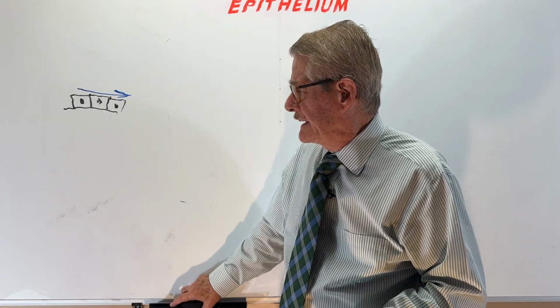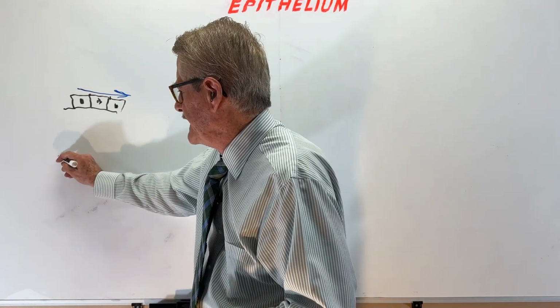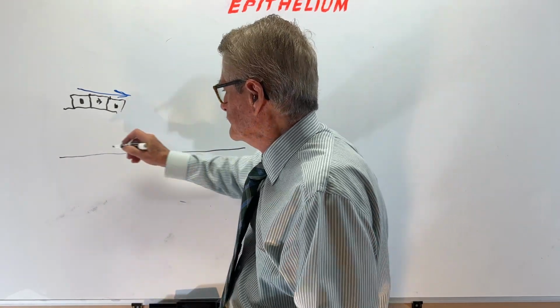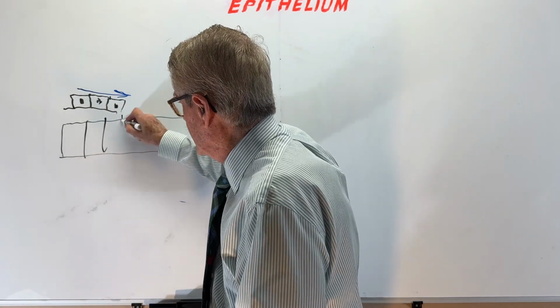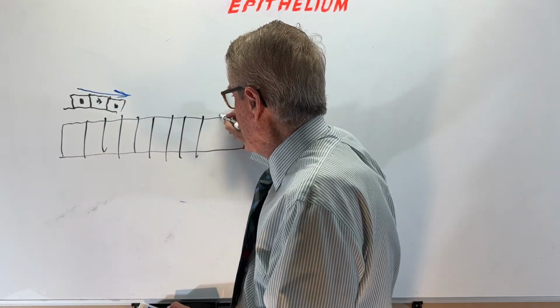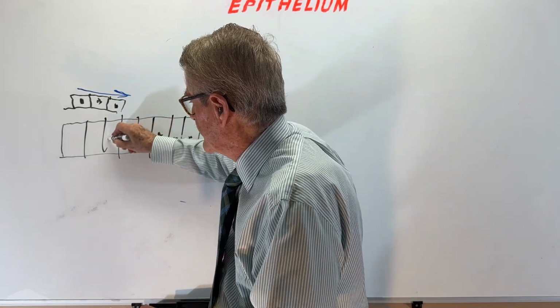What about another type that doesn't seem to be, but it's really important, is the one that, I'm going to just make it very simple, is composed of a single layer of columnar cells.